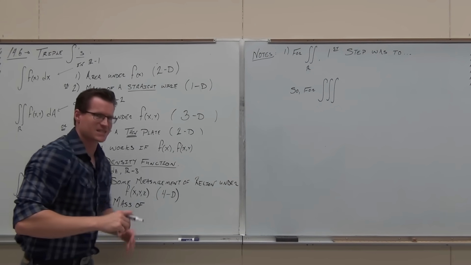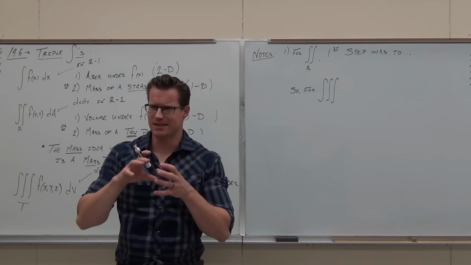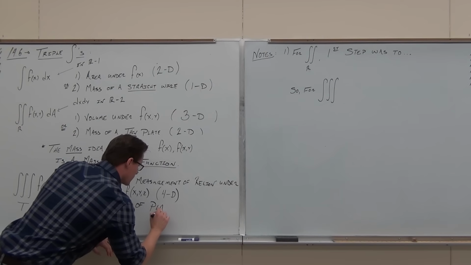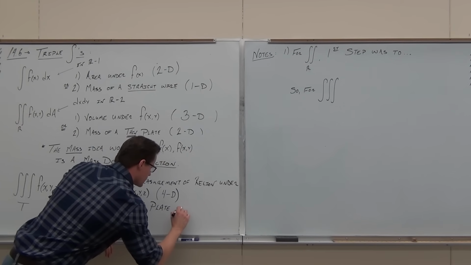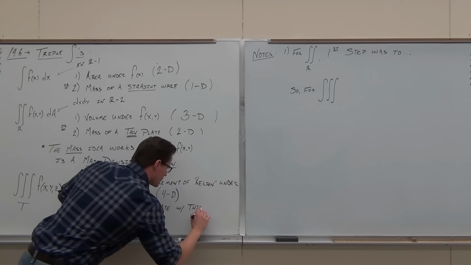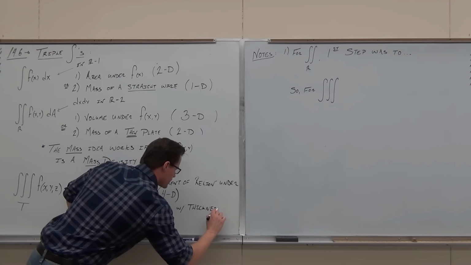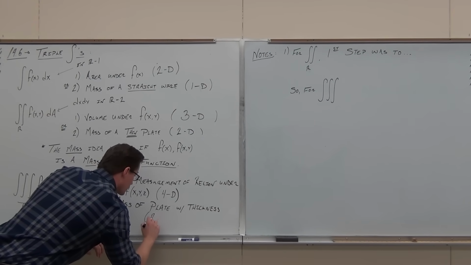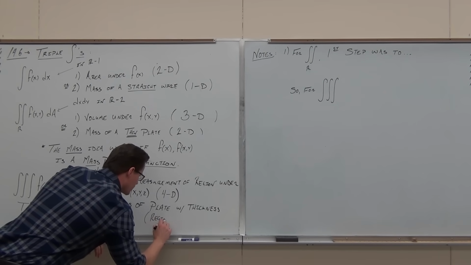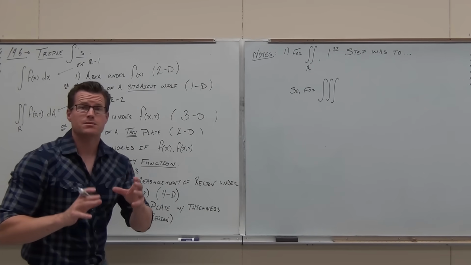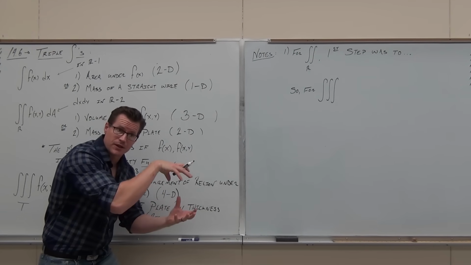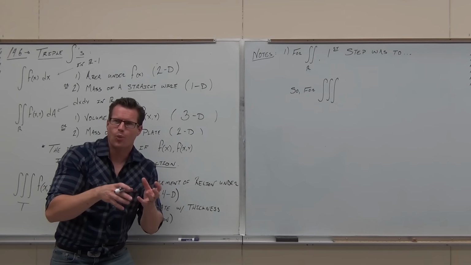I'm going to call it mass of a plate with thickness, so you have this idea of a 3D region. But the main point is this. If this is mass of a plate with thickness, mass of a region, what D is it?